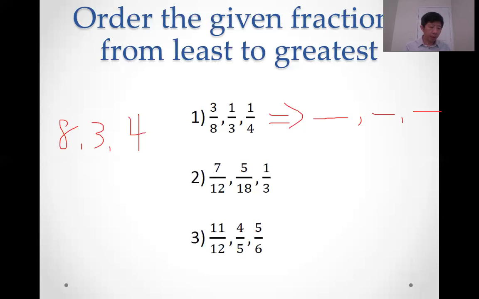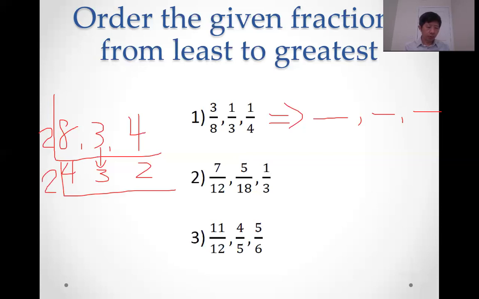remember that we can do the division method like this: divided by 2, if divisible, divide. If not, just bring down the number. 4 divided by 2 got 2. All right, do it again. 2 divided by 2 got 1. 3 bring it down. 2 divided by 2 got a 1, right?